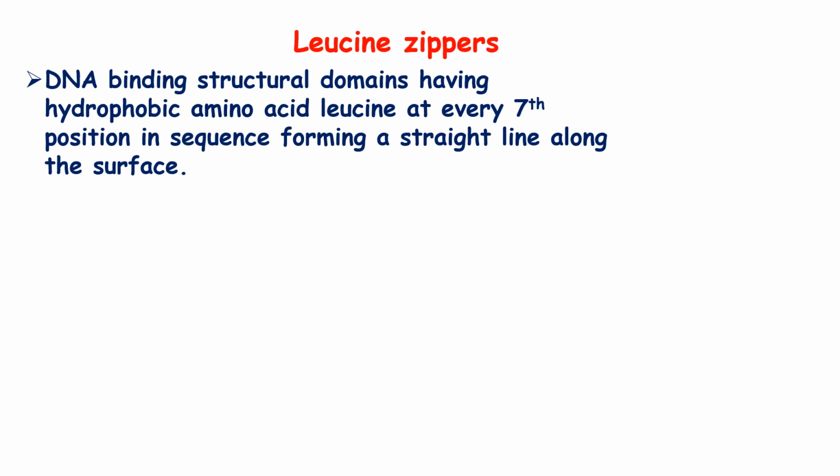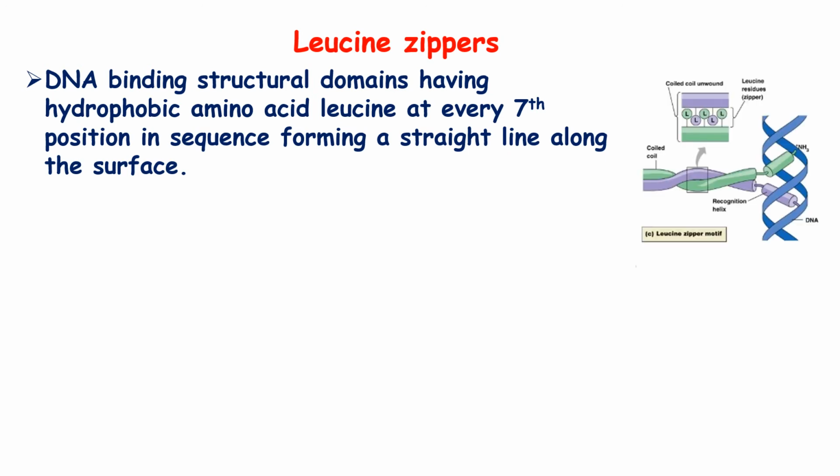If you want to define it, a leucine zipper is a DNA binding structural domain having the hydrophobic amino acid leucine at every 7th position in sequence, forming a straight line along the surface. You can see here in the diagram that the bottom portion is the leucine zipper, where the polypeptides are intertwined, and in the inside picture, it is shown how the leucines are aligned towards the surface and interacting with the other leucines.